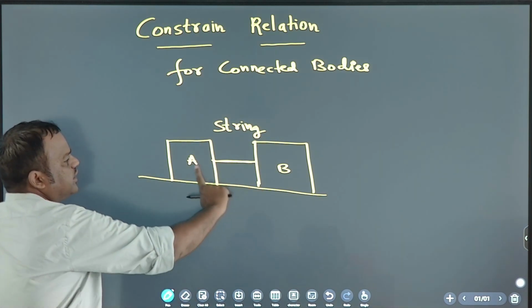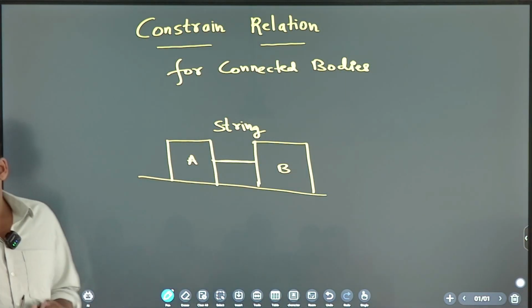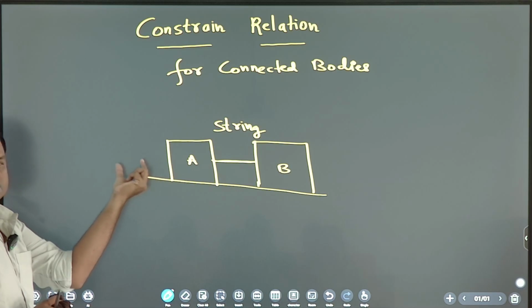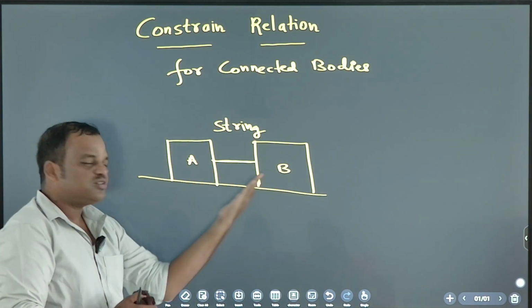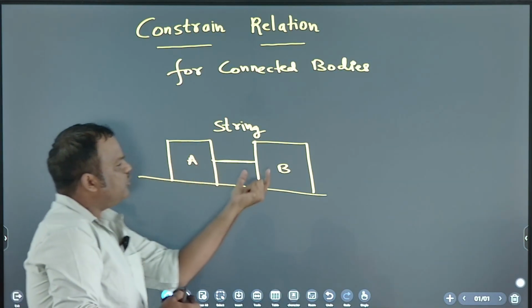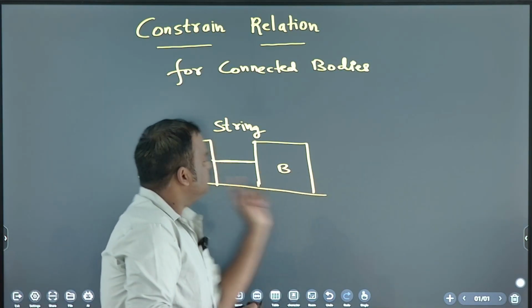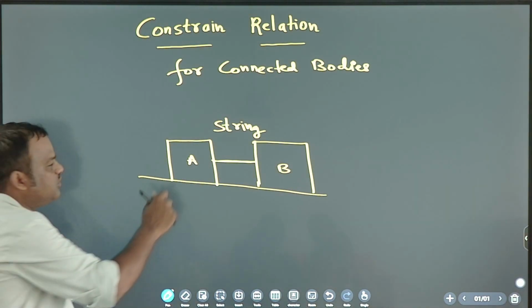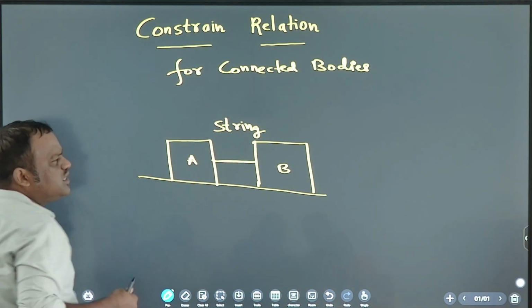The string is connecting A and B. So if you pull A left, B will also come. If you pull B right, A will also come. Correct? Why? Because the string is there, it is connected.